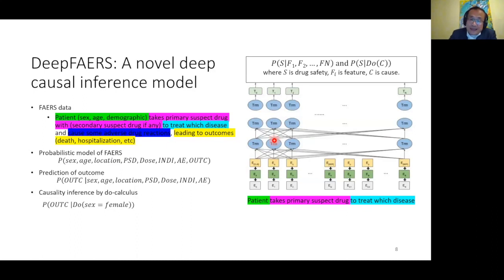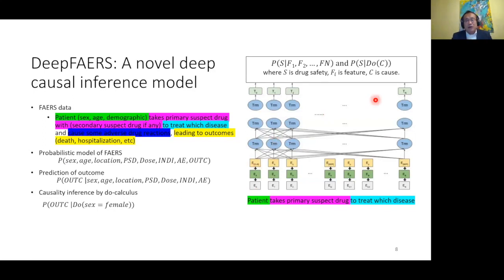The deep neural language model helps us extract the right features from semi-structured data like a document, and based on the extracted features, we have a Bayesian network.